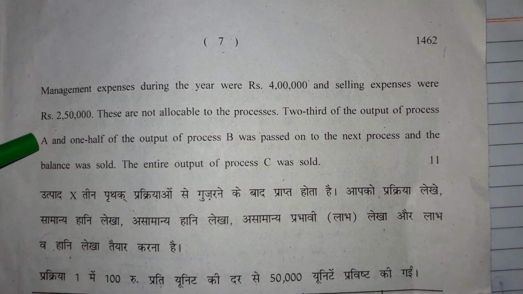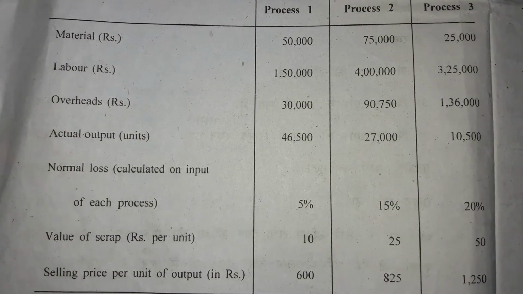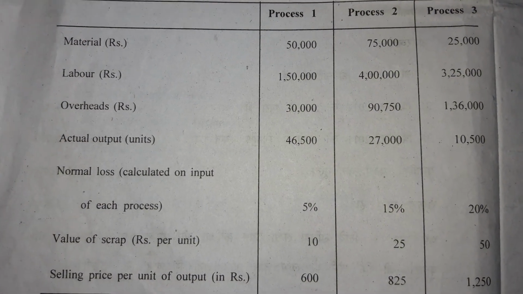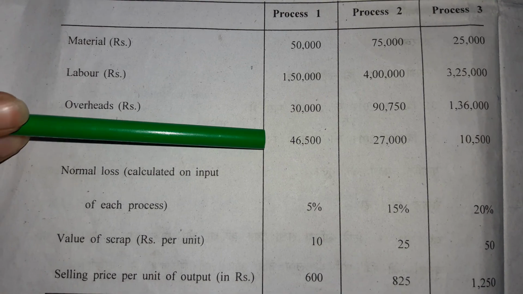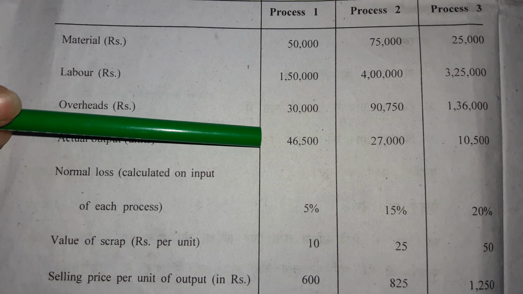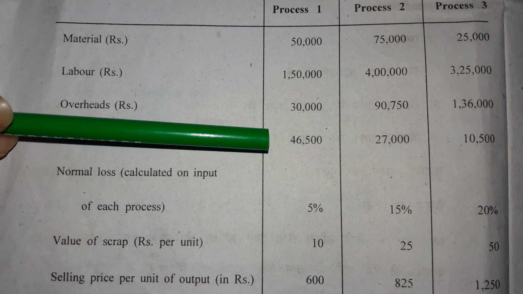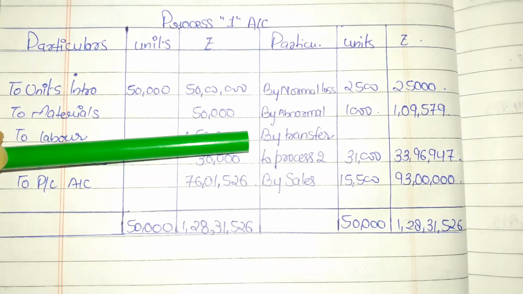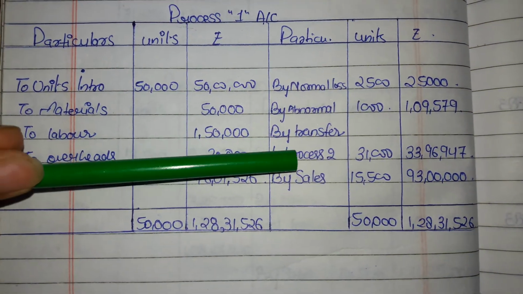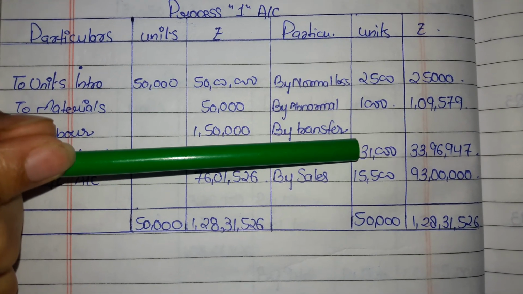So 2/3 of the output of process 1 is 46,500. So we need to calculate 2/3 of 46,500, that is 31,000. So by transfer to process 2 will be 31,000.